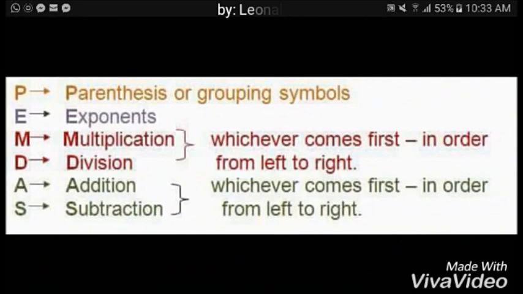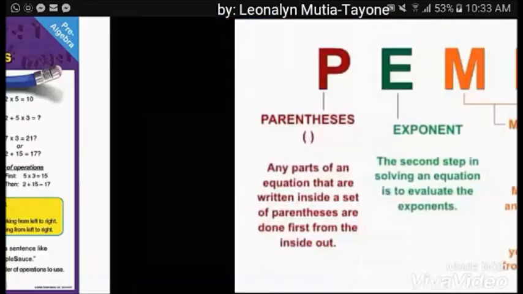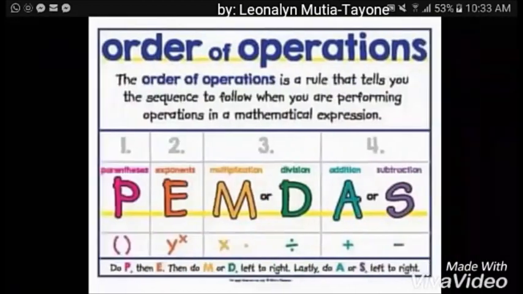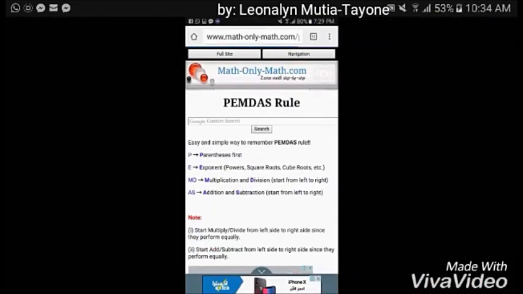These are all the same as the PEMDAS rule. This is more clear. Parentheses or grouping symbols. The next is exponent, and the next is multiplication or division, whichever comes first, in order from left to right. Next is addition or subtraction, whichever comes first, in order from left to right. Then let's go to the textbook from grade 5.